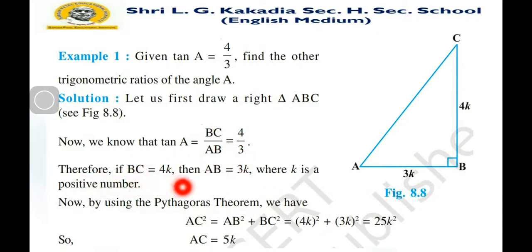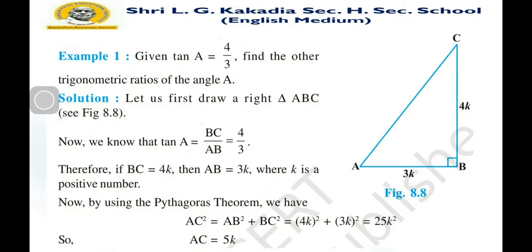Now, by using the Pythagoras theorem, since it is a right triangle, we can find AC. AC square is equal to AB square plus BC square, so 4K square plus 3K square is equal to 25K square. After taking the positive square root, AC is equal to 5K.